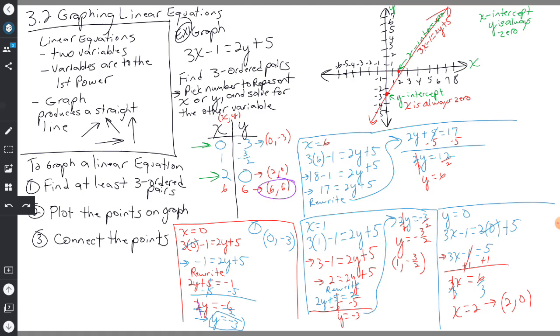Whenever we have a point directly on our x-axis, that is considered to be our x-intercept. So this point here.